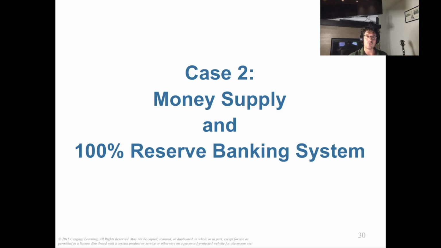Let us now move to the opposite scenario, where we do have a banking system, but a very particular one. It's a banking system with 100% reserves, a world in which banks do not make any loans.